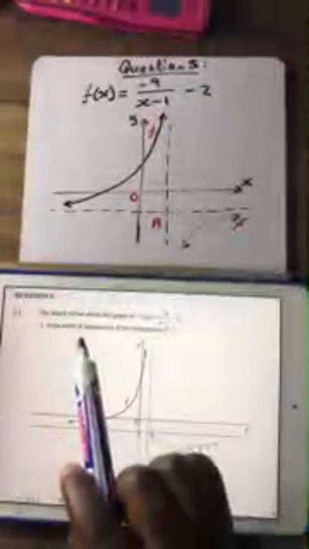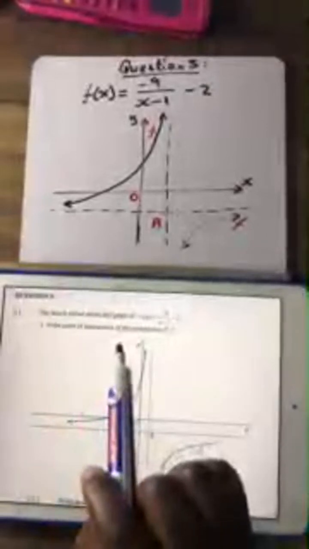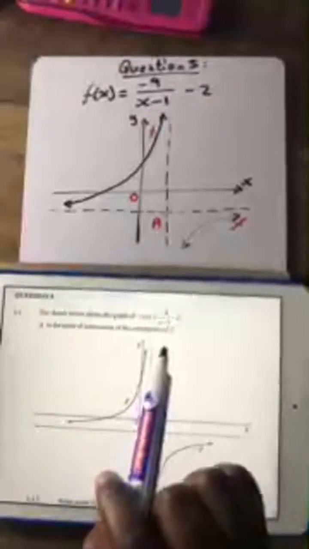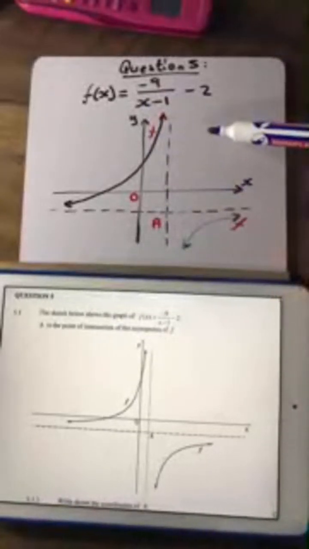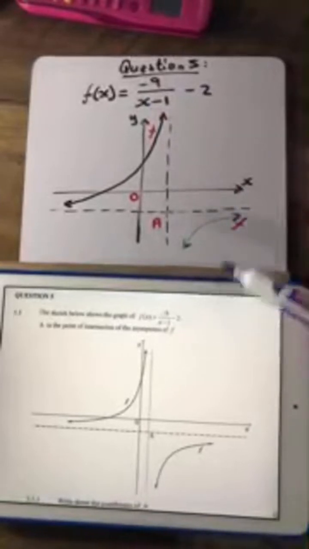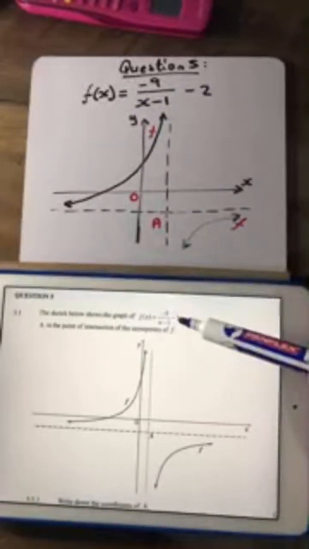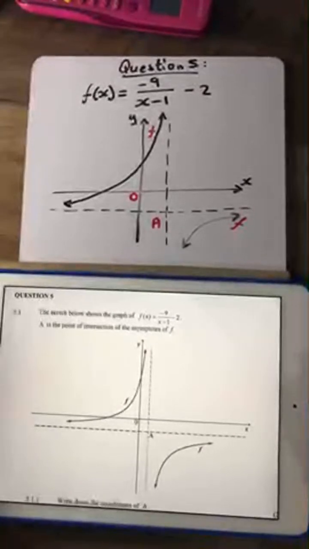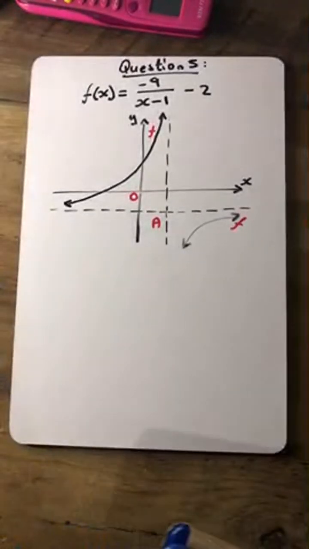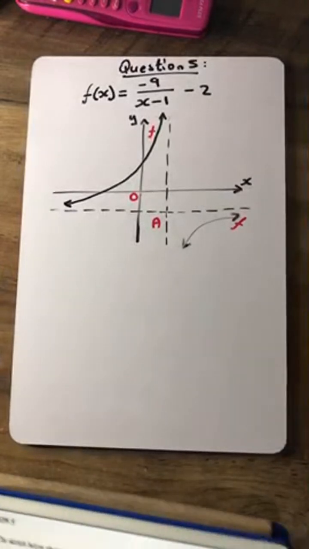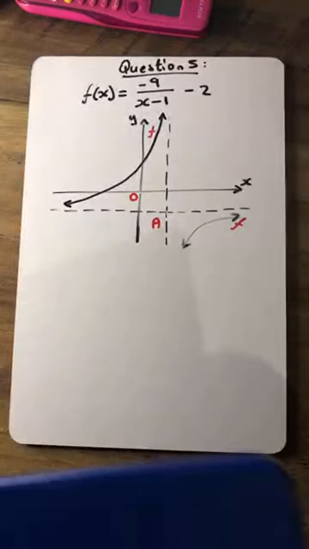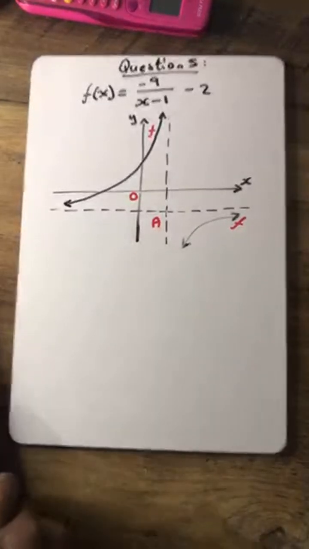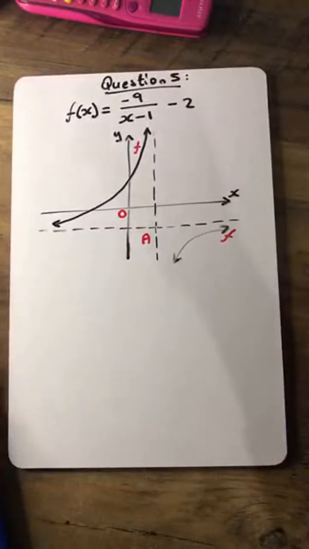They say A is the point of intersection of the asymptotes of f. Just looking at it, you can notice that all of that is represented by those two lines. Very quickly, just like we did yesterday, let me take that away and try to do that intro. Then at a later stage, we will come back to these questions.